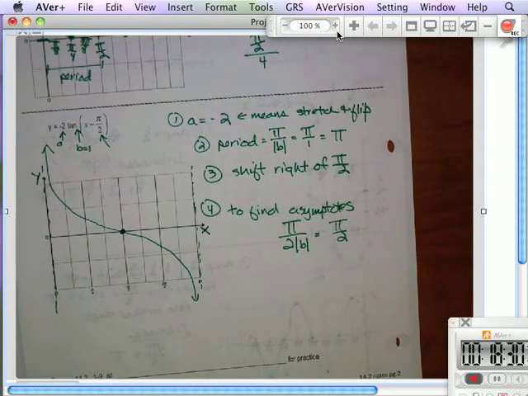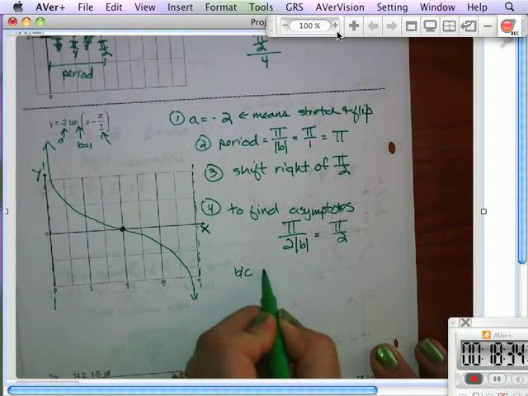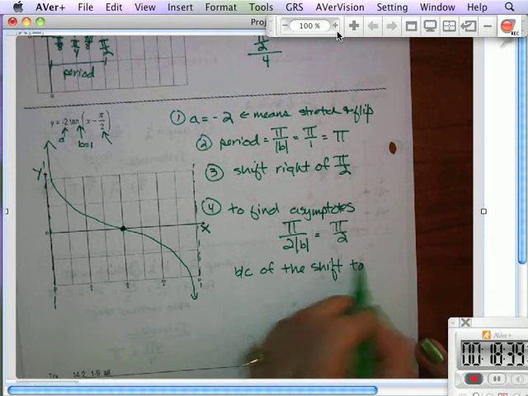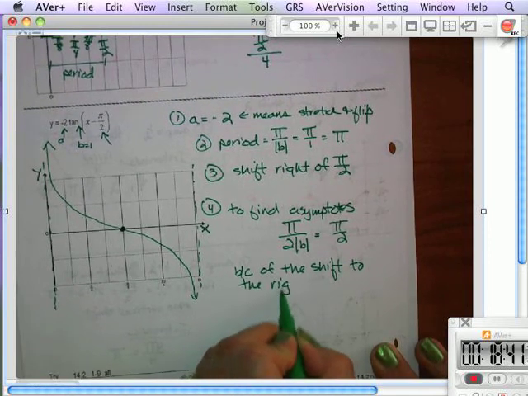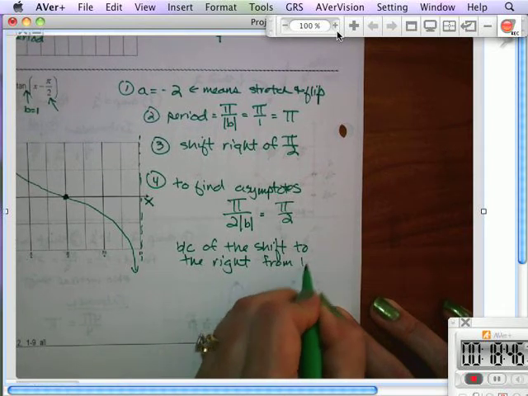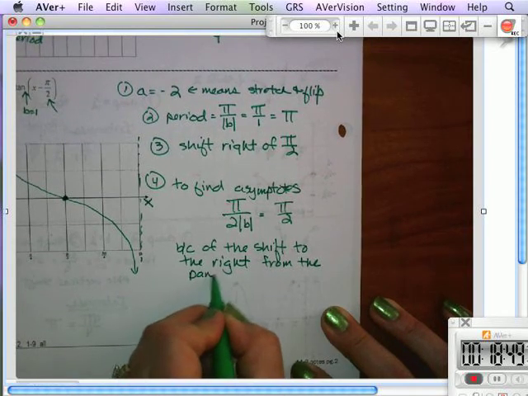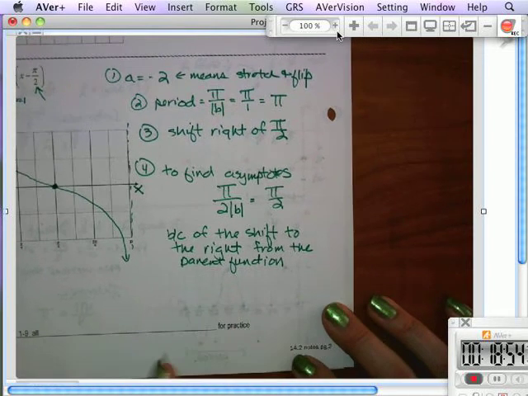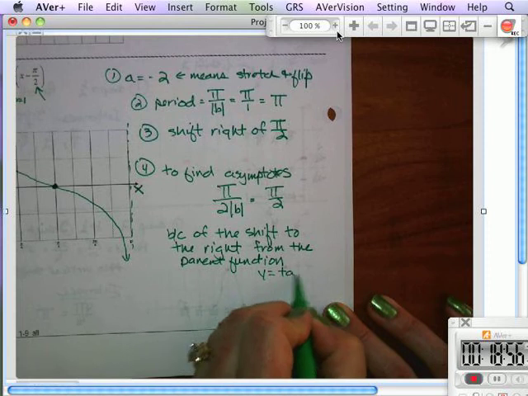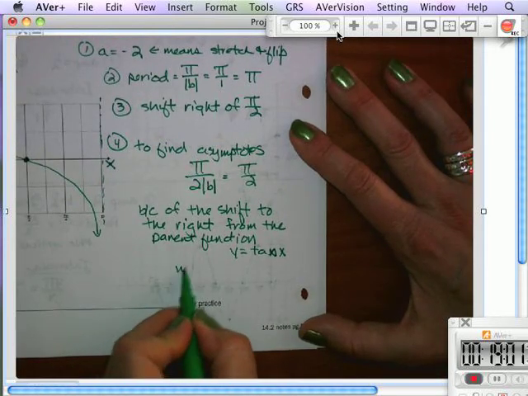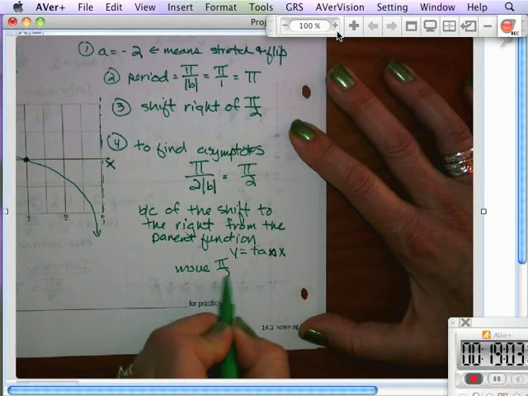like they were in the original tangent graph, but because of the shift to the right from the parent function, y equals tangent x, we have to move pi over 2 to pi.